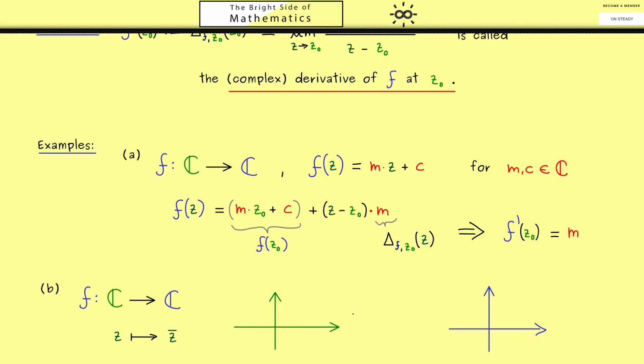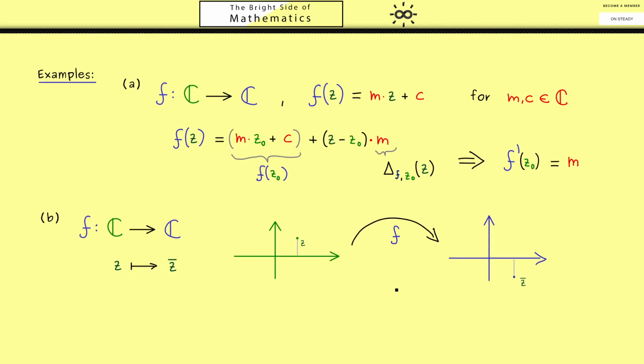So our function f acts from the left hand side to the right hand side. Now let's take any point z from the domain, and then the function f just flips this point with respect to the x-axis. The real part of the number stays the same, but the imaginary part gets a different sign. So you see, this reflection is all the function f does.